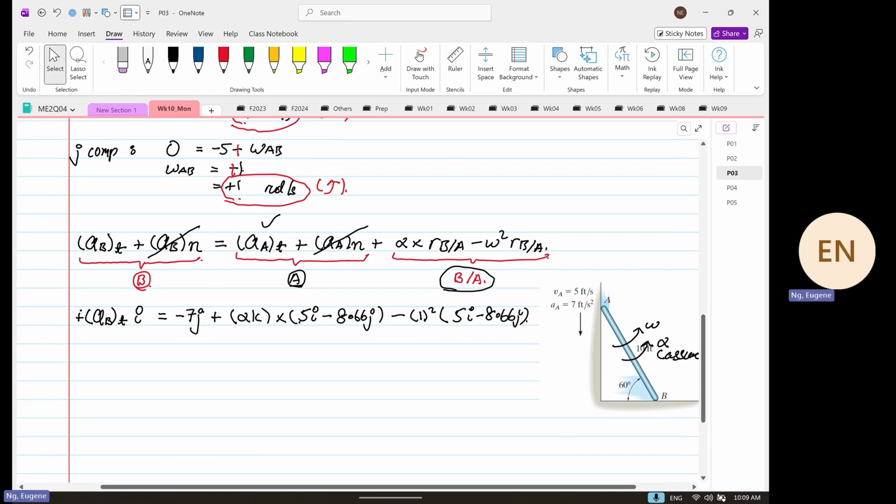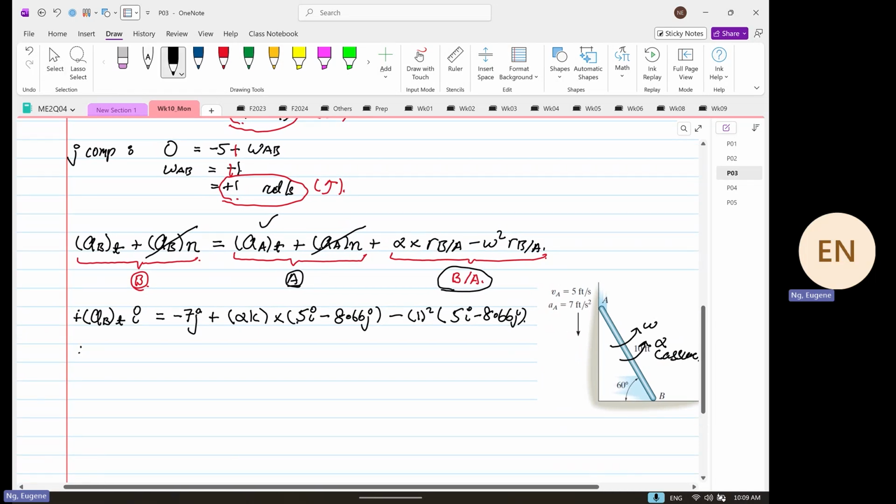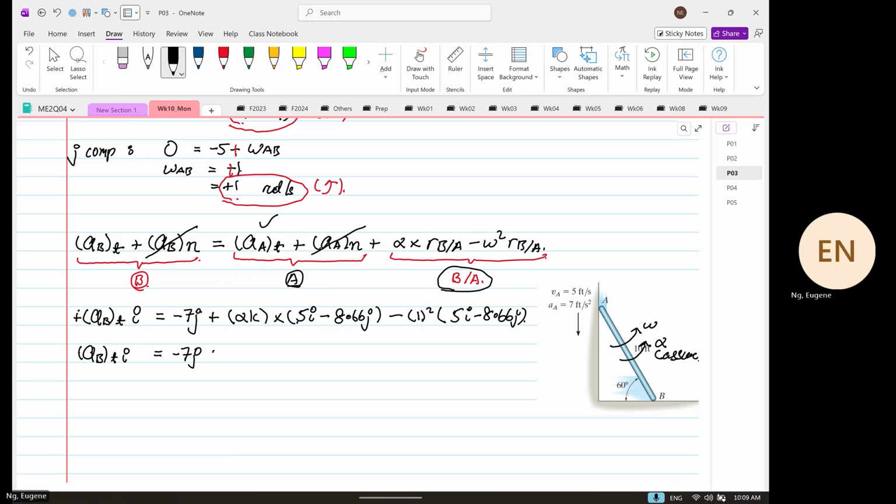So now we just need to do this. This is in I. K cross I is positive J, plus 5 alpha J. K cross J is negative I, negative, negative, plus 8.66 alpha I. And then this is just straight multiplication.